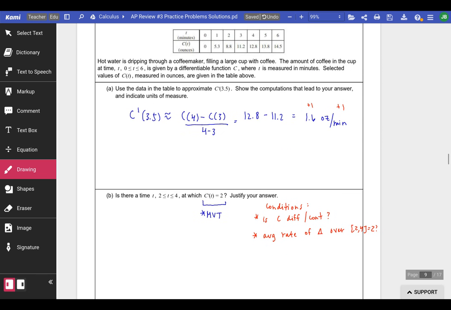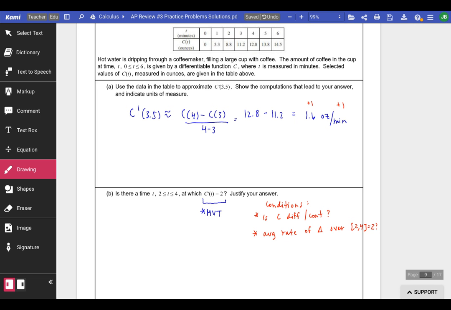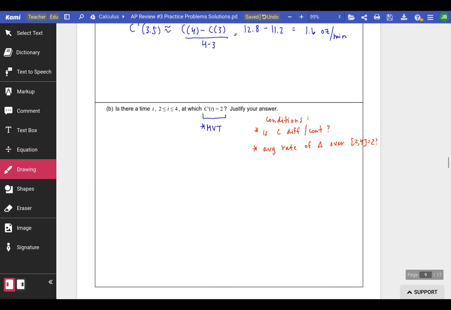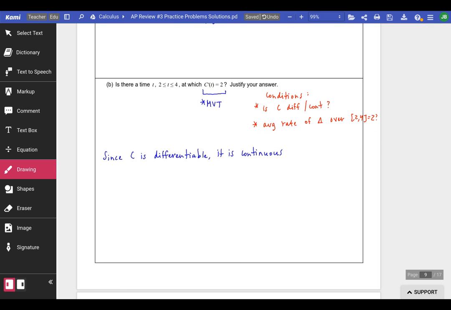In the problem, they told us that our function C is differentiable. So the good news is the first thing we can state is that since C is differentiable, it is continuous. So we've met those conditions. The second thing we're going to do is check the average rate of change over the interval from 2 to 4.